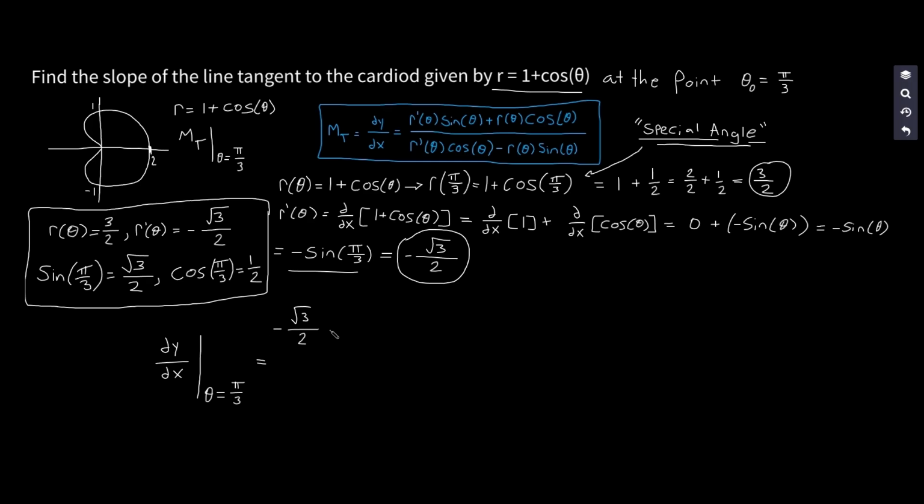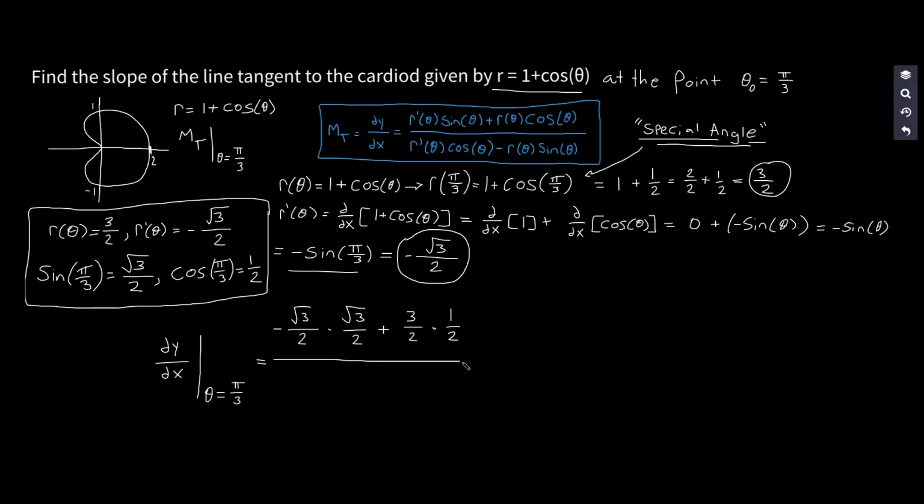Sine of theta is going to be root 3 over 2. Then we're going to do plus r of theta, which is 3/2, times cosine of theta, which is 1/2.